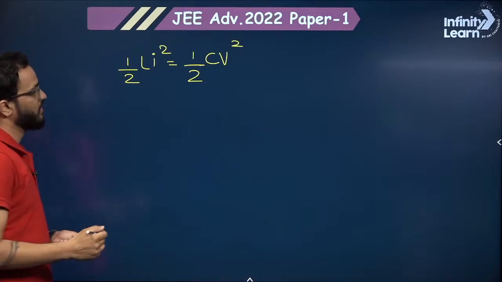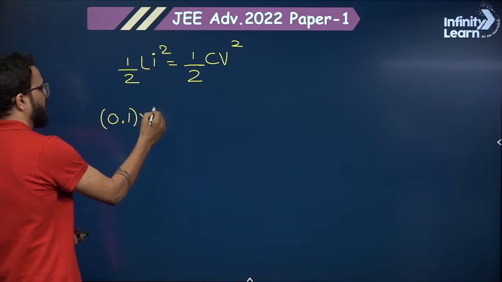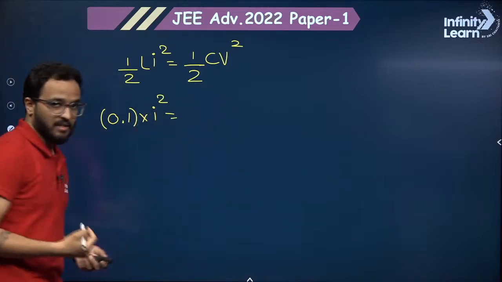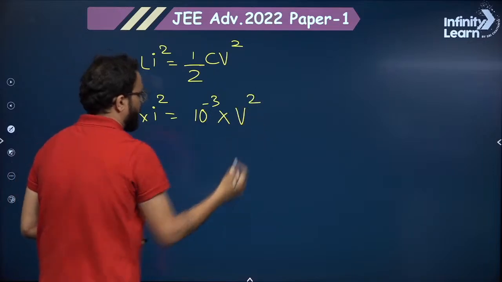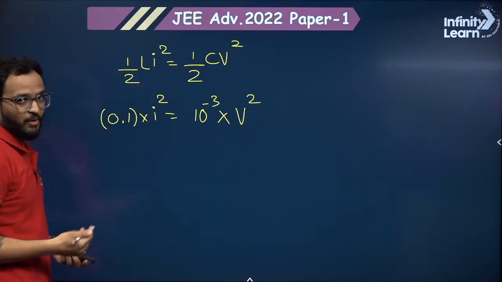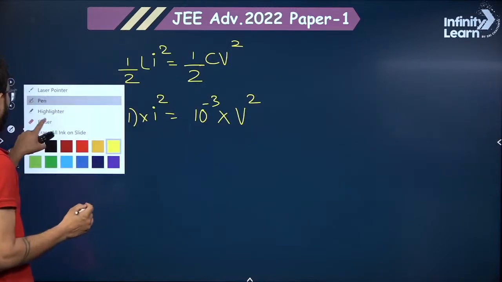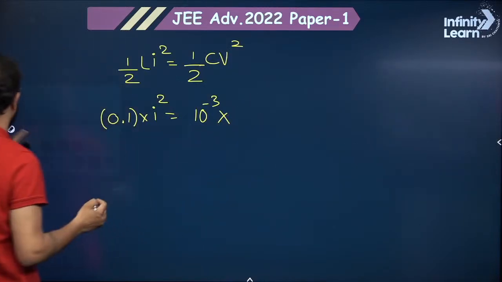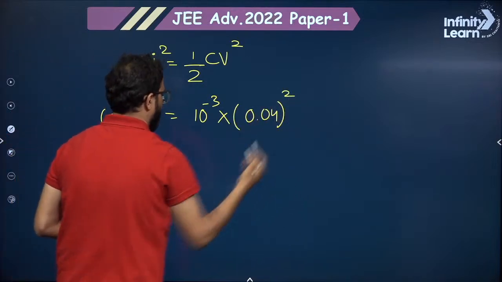Half L i square and half C v square. So half is gone, L is 0.1 into i square. Capacitance is how much? 10 to the power minus 3 into v square, right? V is how much? 0.04, okay? So 0.04 whole square, right?